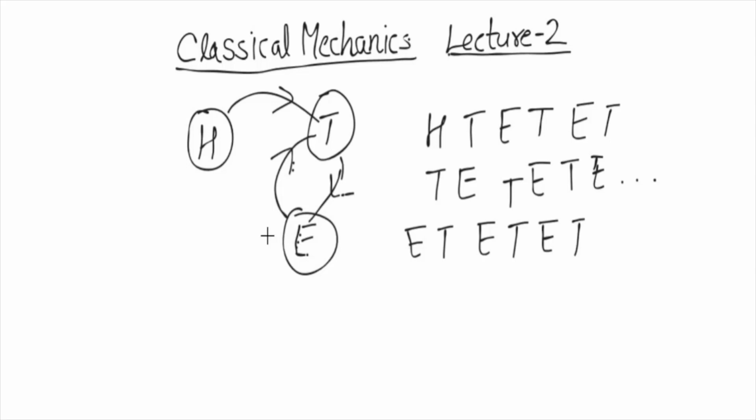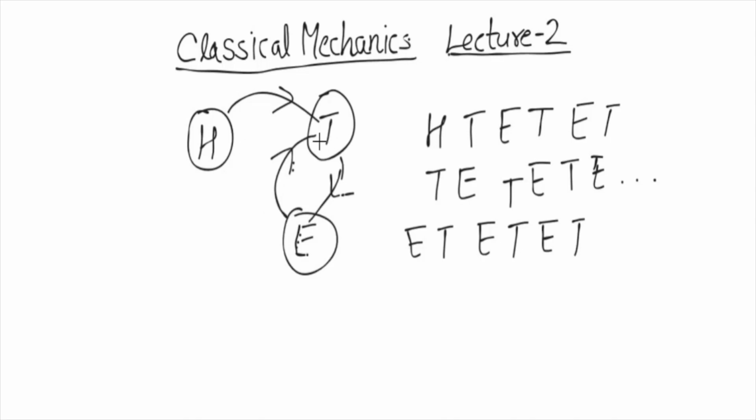Now what's odd about this law? The odd thing about this law is that it is completely predictive into the future, but it is not predictive into the past. So to speak, if you know that you are at tails, you don't know where you come from. Did you come from edges?